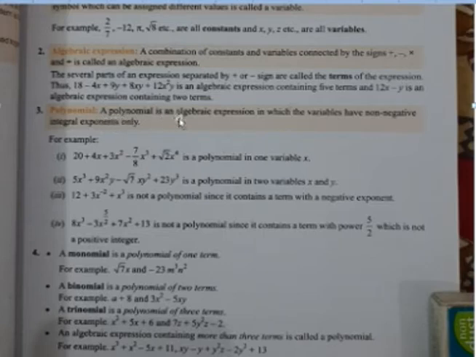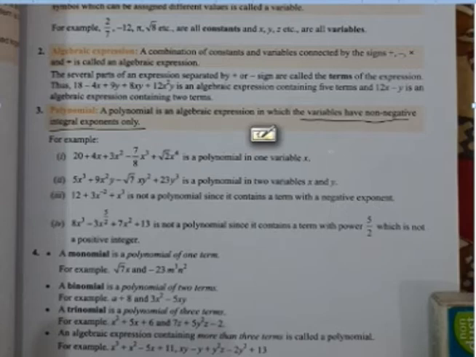And what is a polynomial? A polynomial is an algebraic expression in which the variables have non-negative integral exponents only. So just focus on this line: the variables have non-negative integral exponents only.